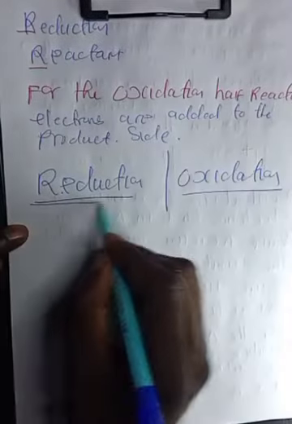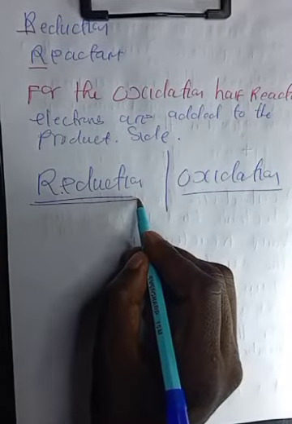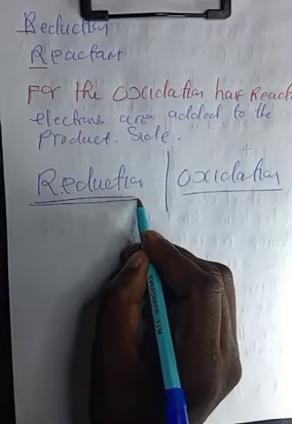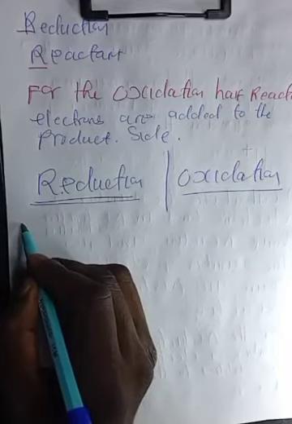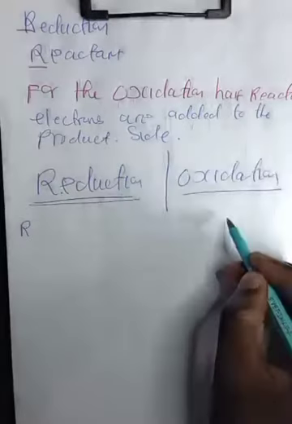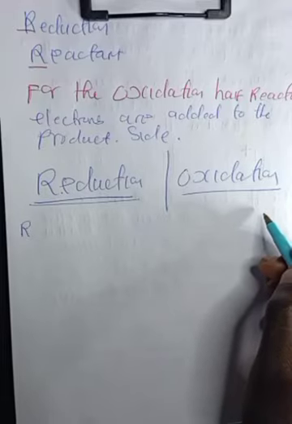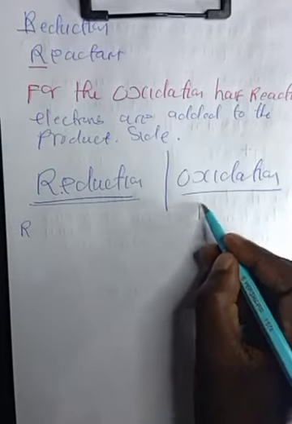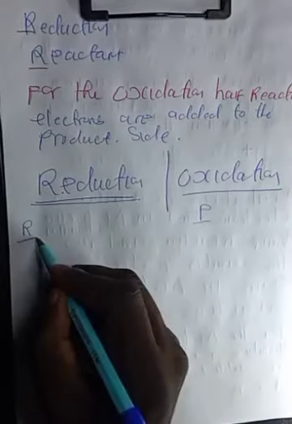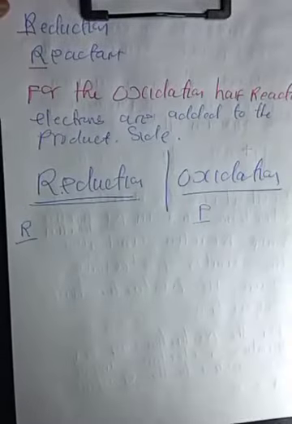In the reduction, when we calculate the electron that was gained, we add them to the reactant side. But for the oxidation half reaction, when we calculate the electron that was lost, we add them to the product side. So this is what we do, okay?